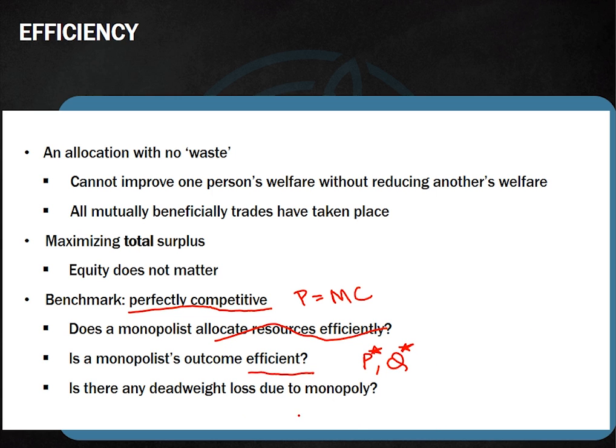And if it is not efficient, then how do we measure the deadweight loss that arises due to monopoly, if there is any? If we are saying it is not efficient, then it means there is some lost surplus. That lost surplus is called deadweight loss, as we had spoken about in the taxation topic as well.